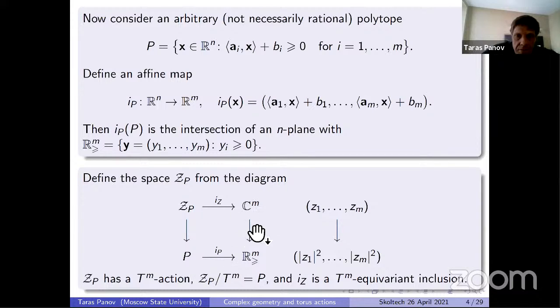You can think of it as the quotient map for the coordinate-wise torus action, and you just restrict this quotient map onto the image of your polytope. And by looking at the orbits which pass through the points in your polytope, you get a subset in C^m, a subset consisting of T^m orbits. So it's an invariant subset with quotient the polytope.